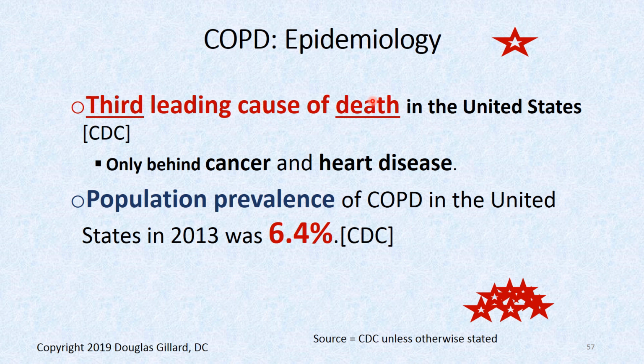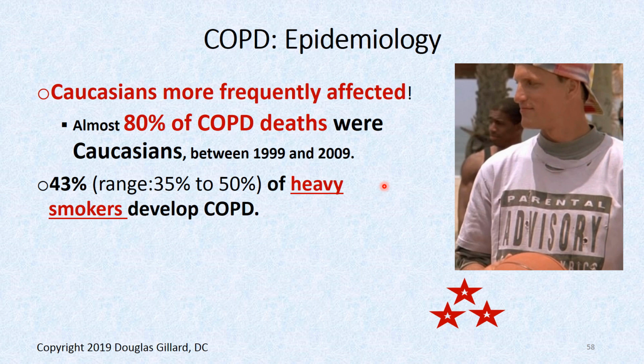All right, so back to COPD, third leading cause of death in the United States, only behind cancer. Everybody forgets about the lung diseases and heart disease. Prevalence is about 6%. It's probably higher now with the baby boomers. Caucasians are really the target of this disease.